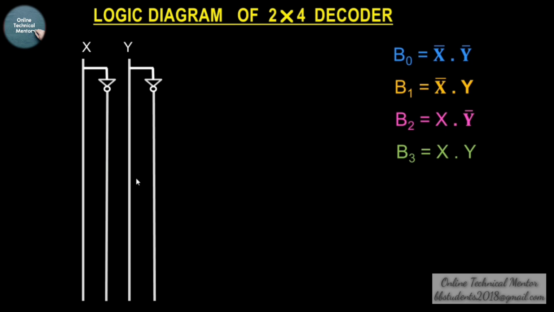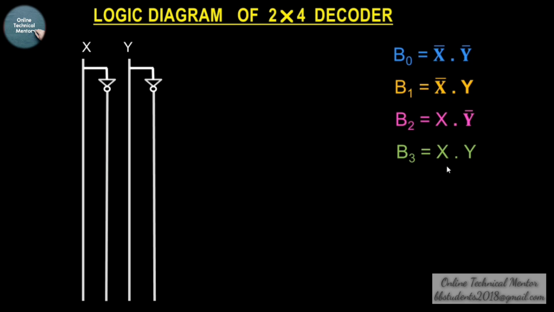Similarly, this is Y and this is Y bar, because a NOT gate is attached over here, so it will invert the Y input in this line. So these are my 4 input lines: X, X bar, Y and Y bar.